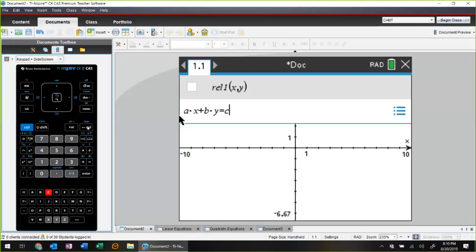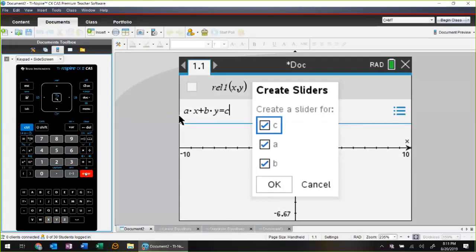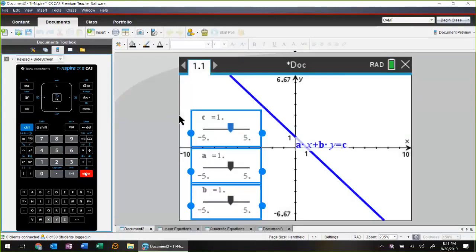And when I press enter, it asks me, do I want to create sliders? So now I have 3 parameters, a, b, and c, for which their values can be changed dynamically, and I can watch the change right there on the graph as it happens. So I'll hit enter for OK.